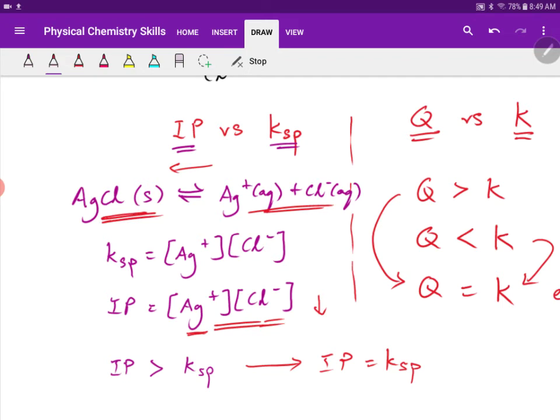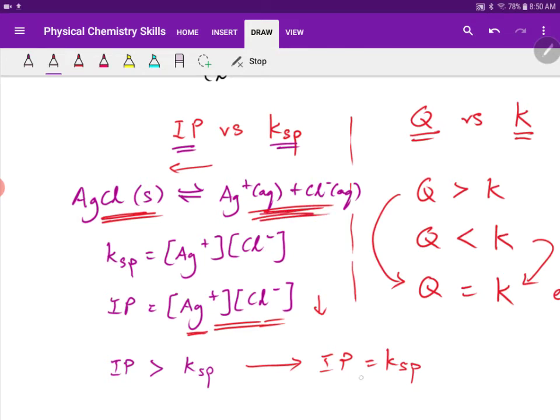Of course, this is not the best way to describe this, because before it first precipitates, there will not be an equilibrium. The idea is, as long as IP crosses KSP, you will get precipitation. More of this Ag+ and Cl- will crash out of the solution.